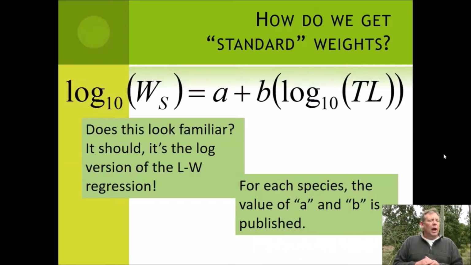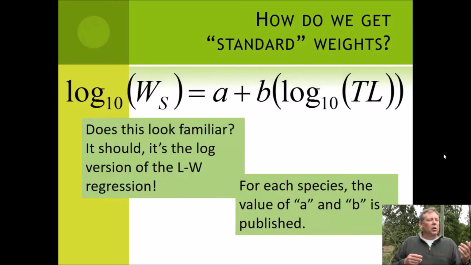Okay, and so how do we use this equation, or how do we publish these values? Well, that equation is in this form, and this should look familiar because this is the log transformed version of the length weight regression that we were just talking about. We talked about it with Fulton's K in a previous lecture, about the relationship between length and weight.